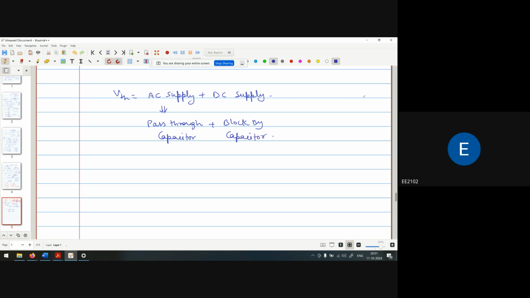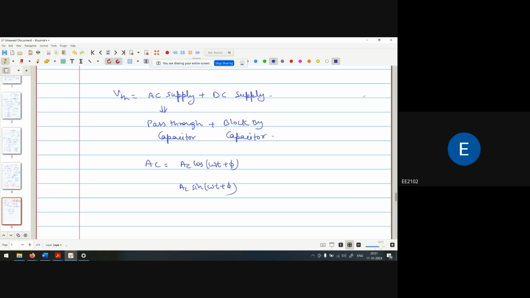Now I am assuming that my AC supply is A cos(omega t plus phi). For any value, I can take it in a sinusoidal form, so A sin(omega t plus phi).